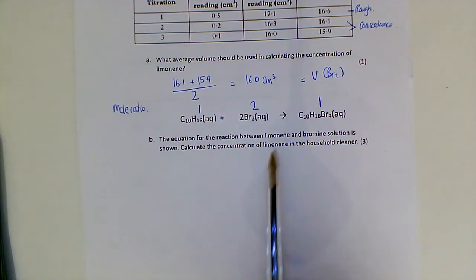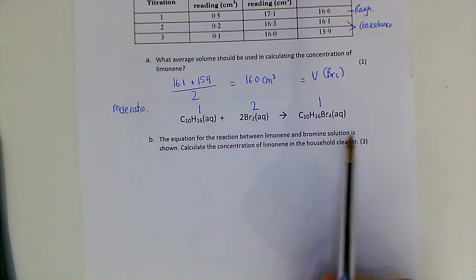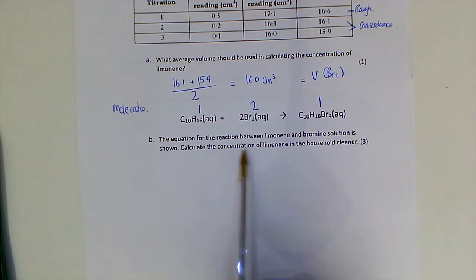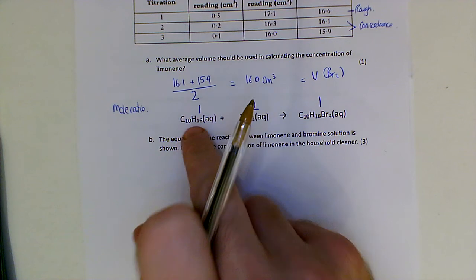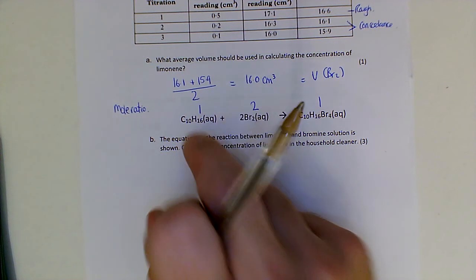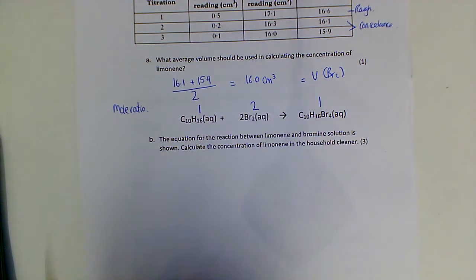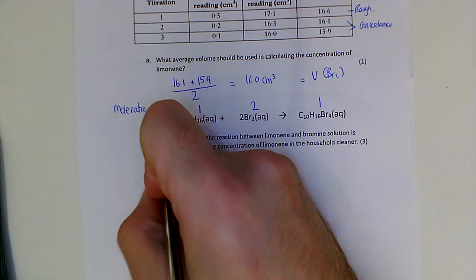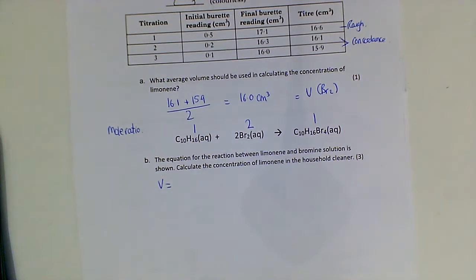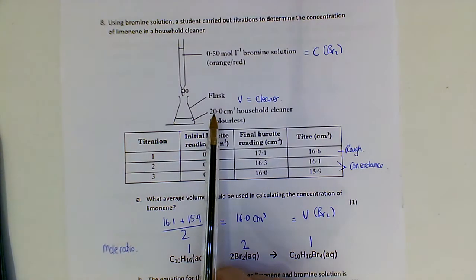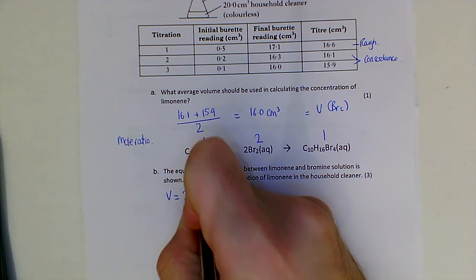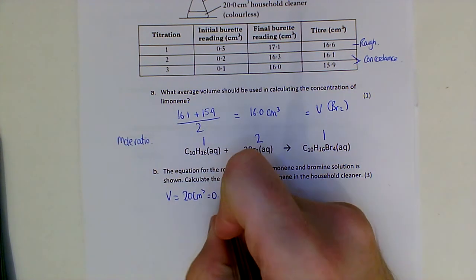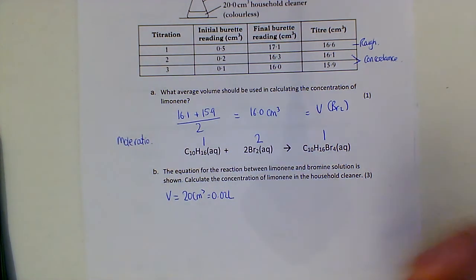And we've got the equation for the reaction between limonene and bromine solution is shown. So calculate the concentration of limonene in household cleaner. So that's what's in the cleaner. For this one, what I know is that the volume was in the diagram here, 20 centimeters cubed, which equals 0.02 litres.